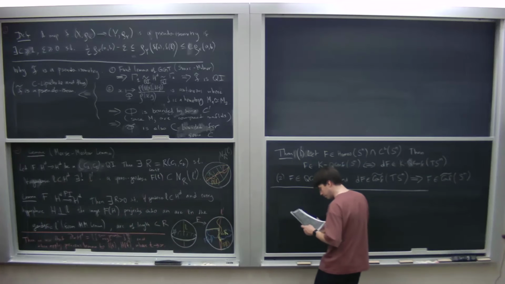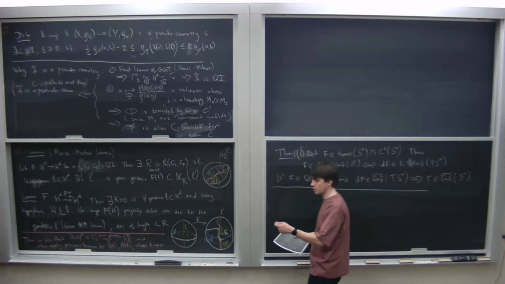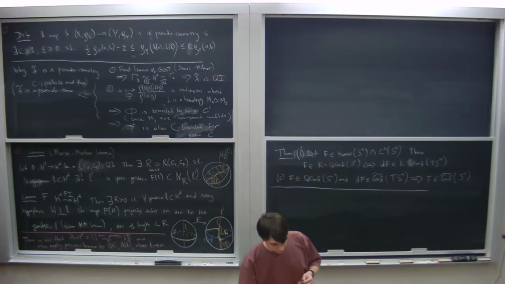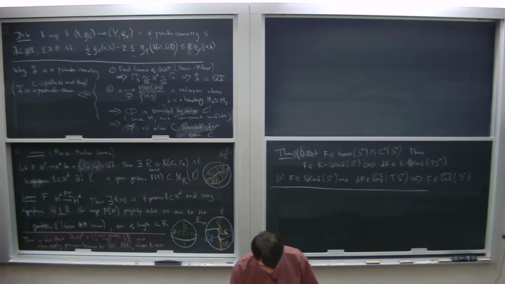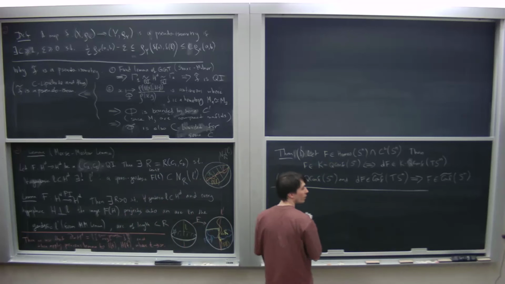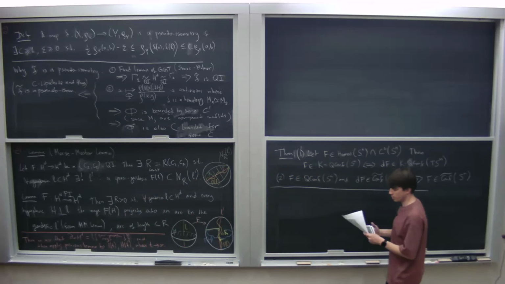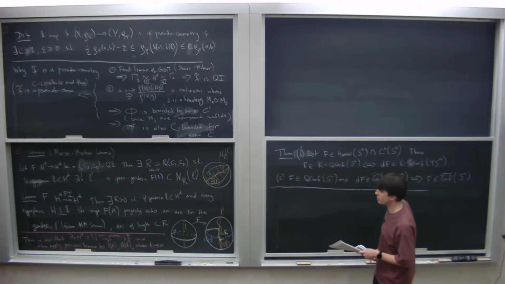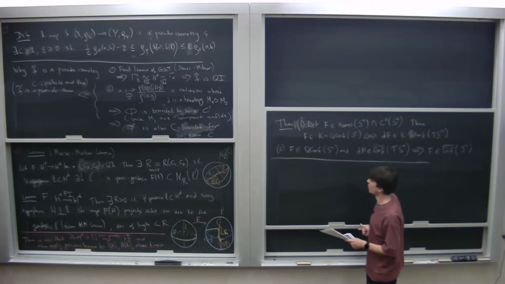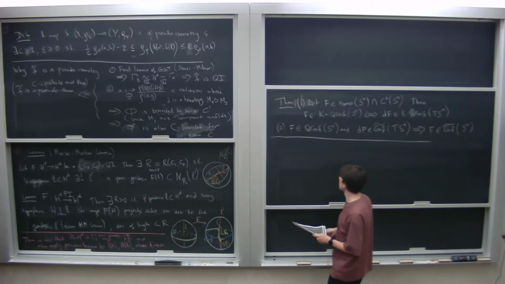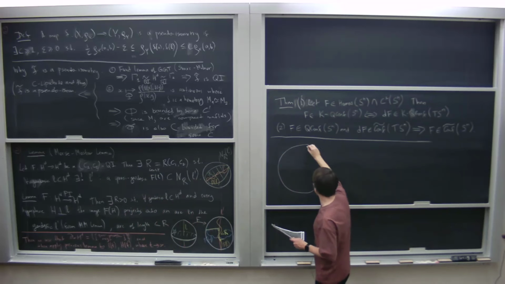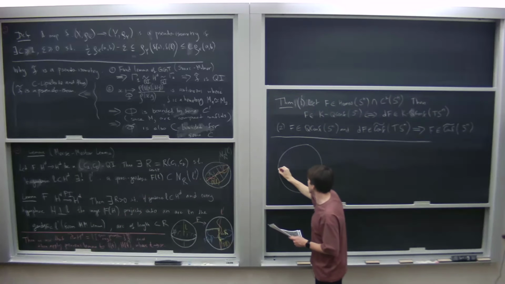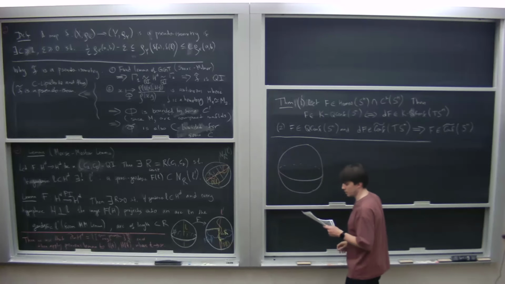Great. So the next step is just to draw a picture and to see what's going on here. I will use again the ball model for the hyperbolic space.